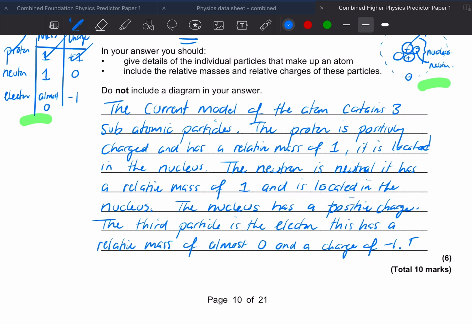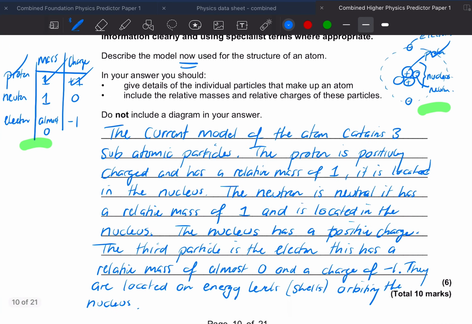There's a lot more than one, they are located on energy levels. In chemistry we call them shells, orbiting the nucleus.